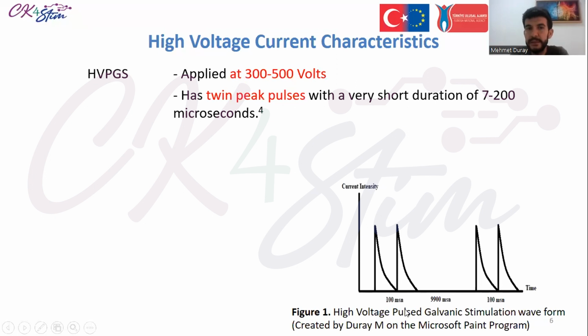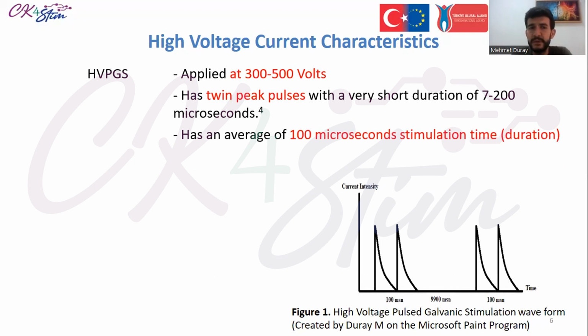These pulses have a very short duration of 7 to 200 microseconds, and the current has an average of 100 microseconds stimulation time, as you can see in the figure. The twin peak pulses have the 100 microsecond stimulation time.